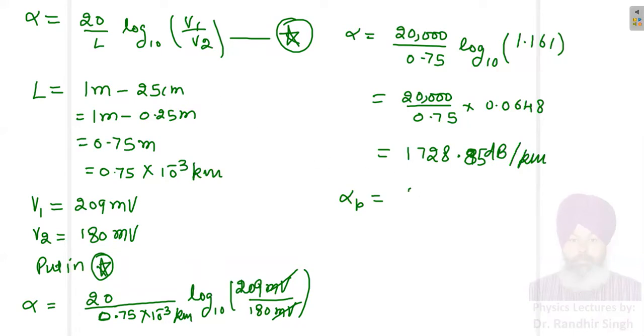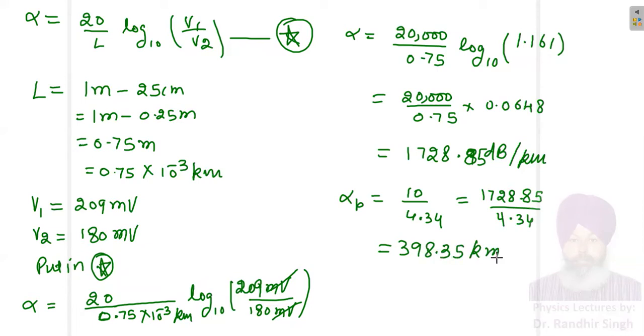And the attenuation coefficient alpha p will be given by alpha divided by 4.34, which will be equal to 1728.85 upon 4.34, and its value will come out to be 398.35 kilometer inverse. So this is the final result.